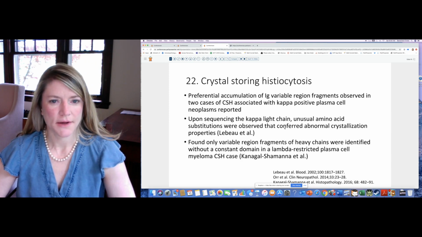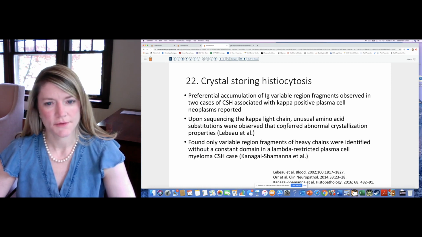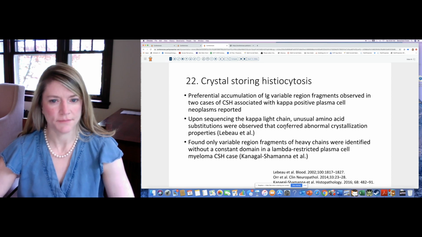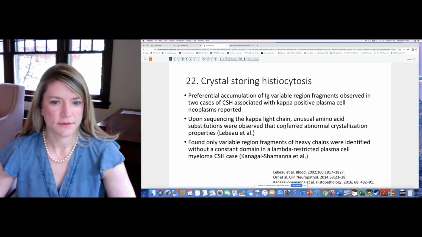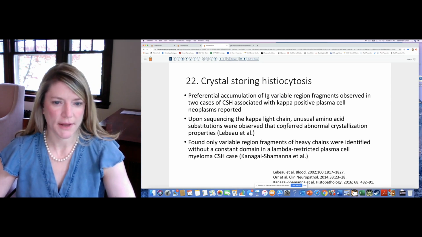The mechanism behind it is kind of interesting. Initially, the cases described were all kappa, or were predominantly kappa restricted, and it was thought that particular mutations would be associated with increased crystal formation by kappa.